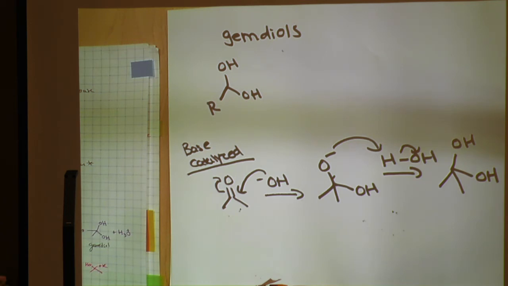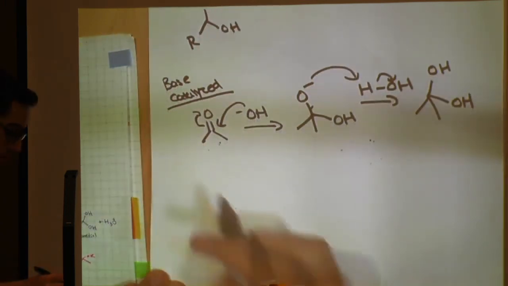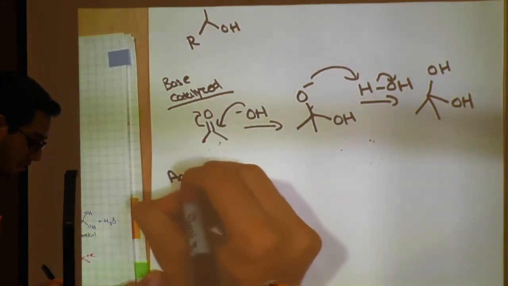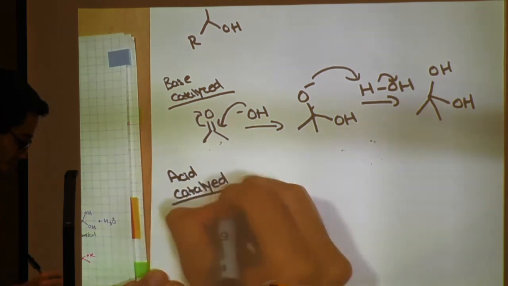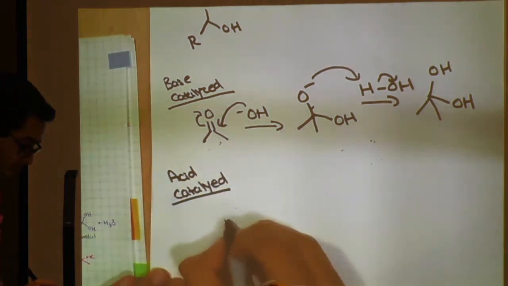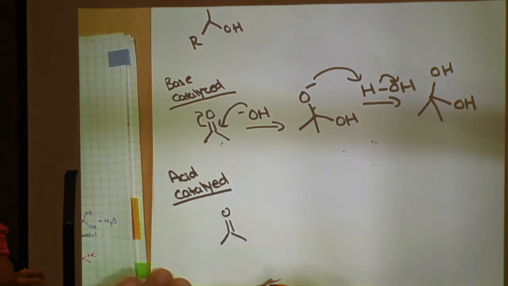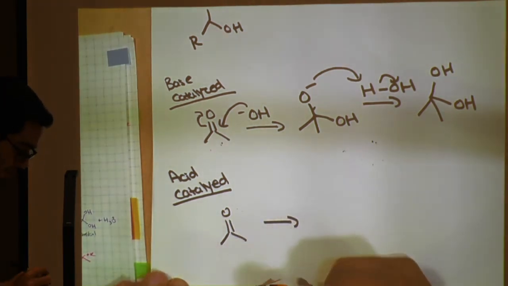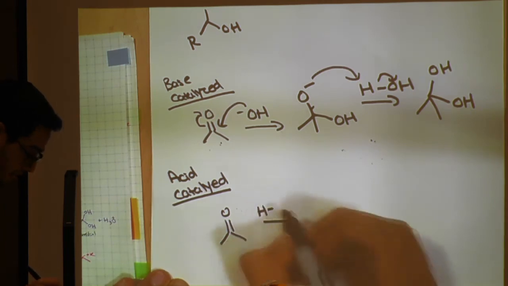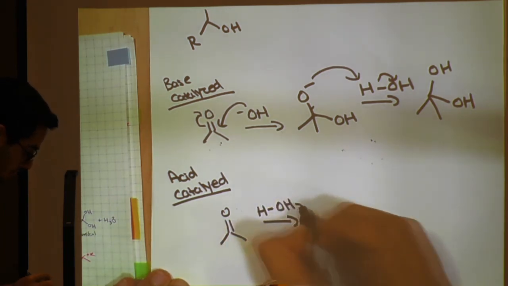Right? So now we have the other way, which is acid-catalyzed. Promise, follow along, it's not too bad. So we're going to have our carbonyl, but now we don't have the straight up nucleophile we had before. We can't just attach it on as we did before.